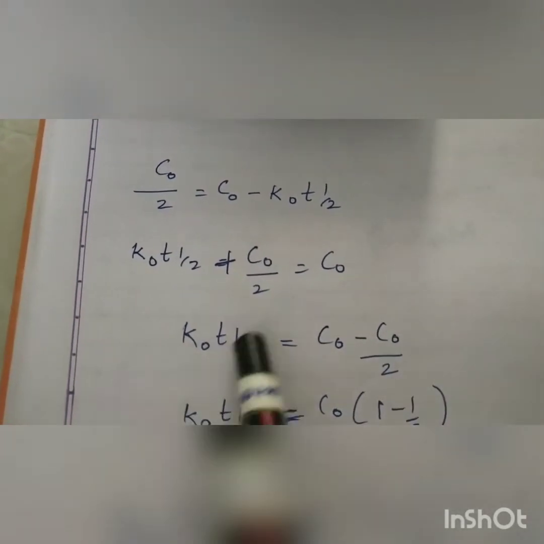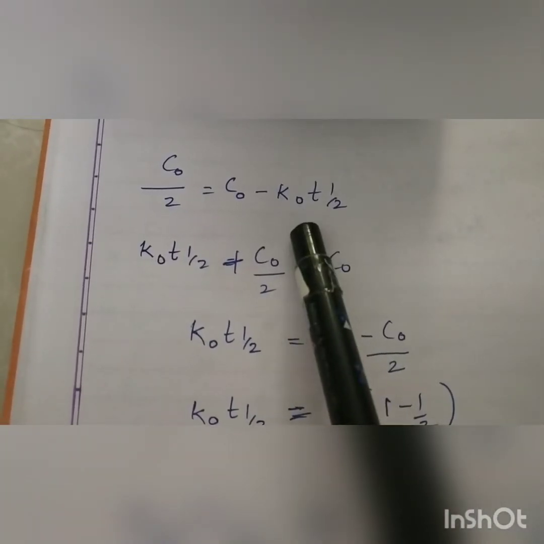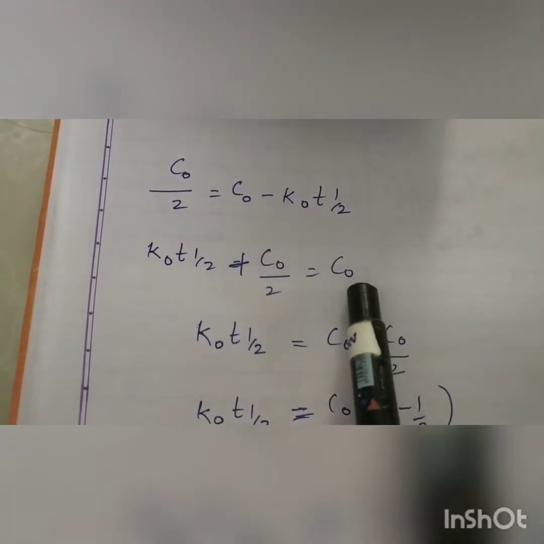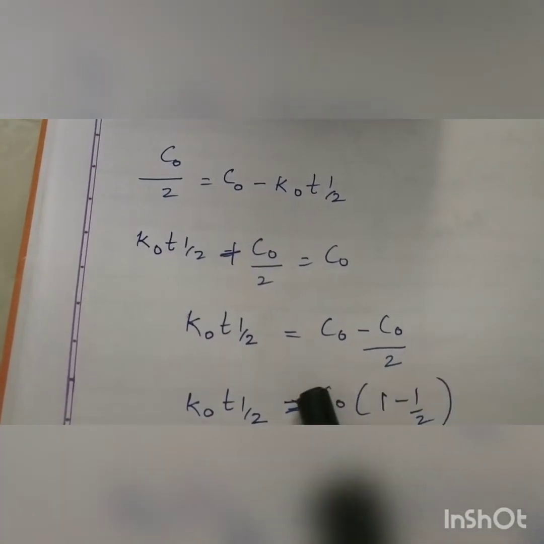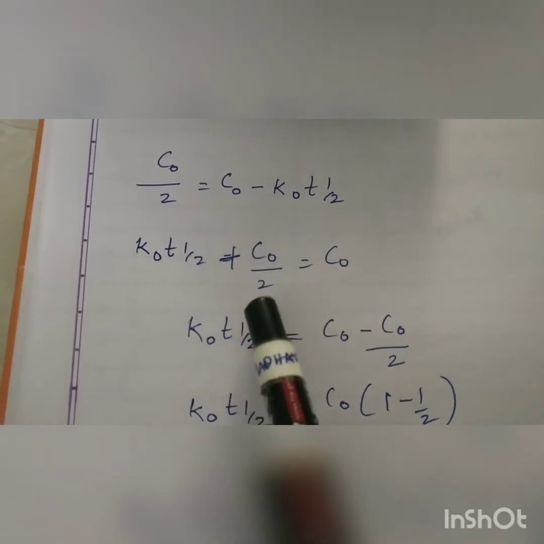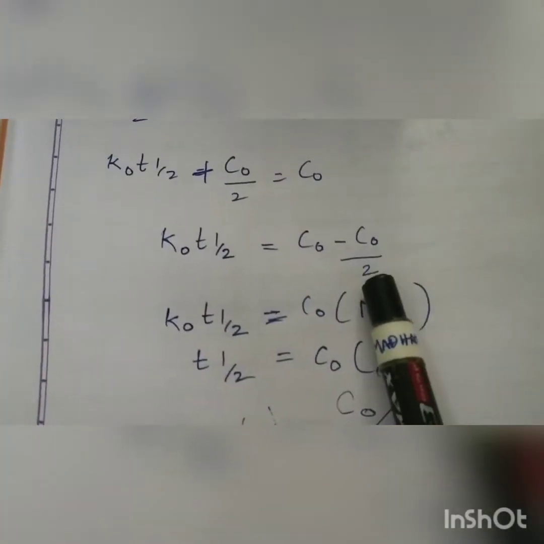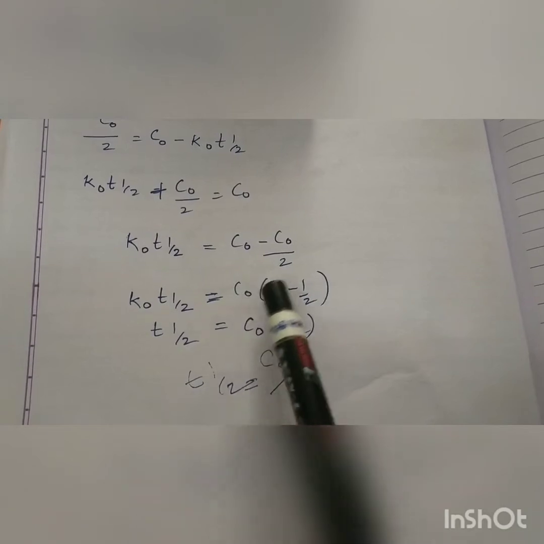Fine. Now we are taking this K0 T half to the other side, so the equation leaves only C0 on this side, and everything else goes to the other side. Fine. Now again we take C0 by 2 to this side, so it will become minus.